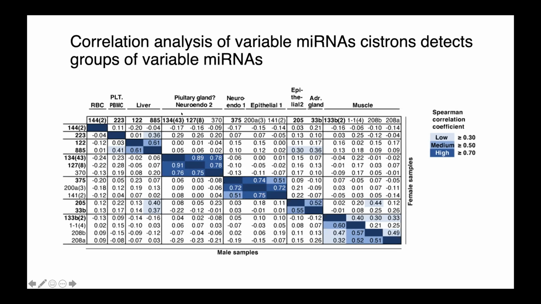And we observed two novel groups that we hadn't seen before, a neuroendocrine 2 consisting of cistron 134 and cistron 127, which is likely originating from the pituitary gland, and another correlated group of microRNA 33B, likely released from the adrenal gland, and 205, another epithelial contribution.